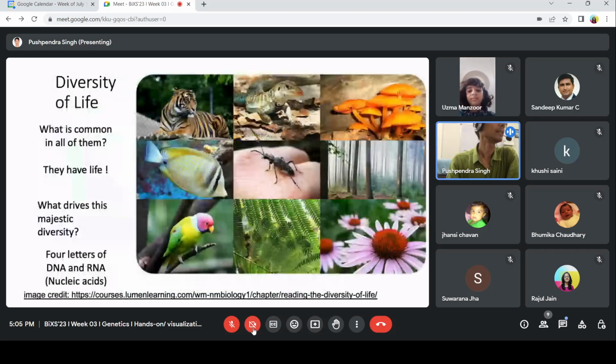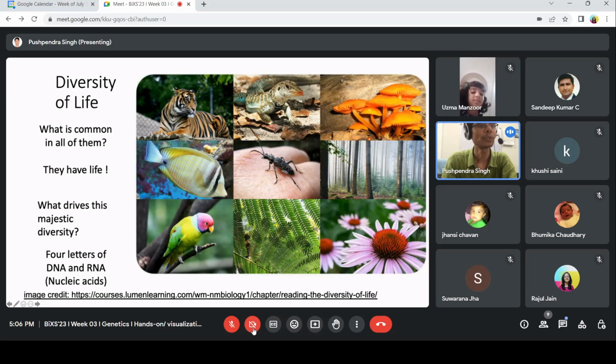For example, in this picture, you can see so many beautiful forms of life: a tiger, a Komodo dragon, mushrooms, some insects, beautiful fishes, beautiful birds, and greenery, and so many of those flowers that basically attract our attention every day. And how do they know what they are?